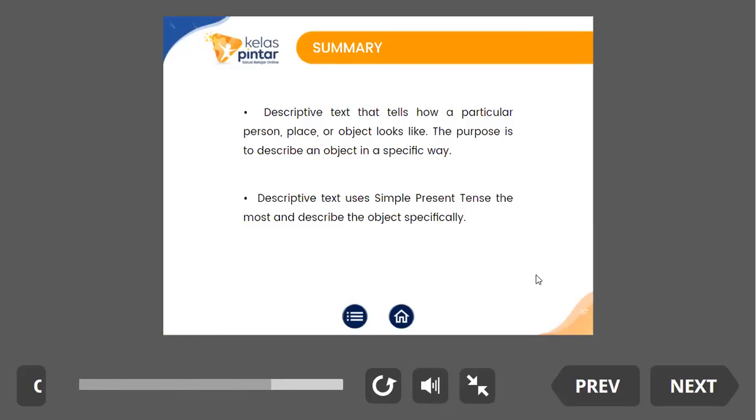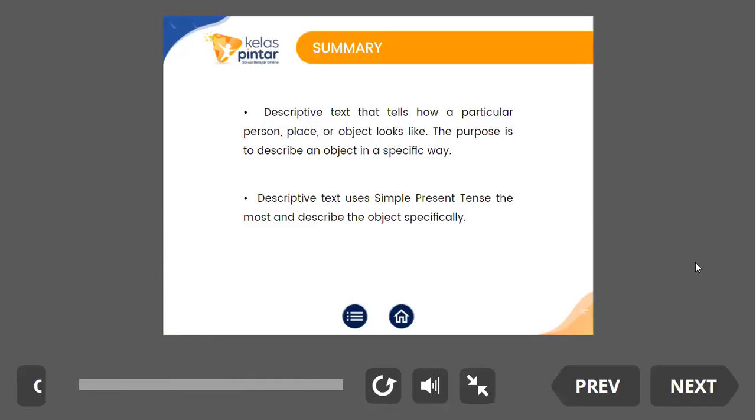Now I want to ask you why, in describing the descriptive text. Okay, I make it easier for you. Why do we use simple present tense in the descriptive text? Kenapa sih pakai simple present tense?